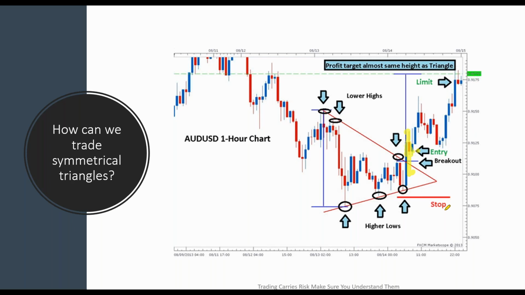Now there's a couple things you need to look at here, and we'll talk about them, but you want to look at volume, and we want to see where our support and resistance lines are. Because remember, before we can actually enter a trade, we have to confirm our risk-reward ratio.